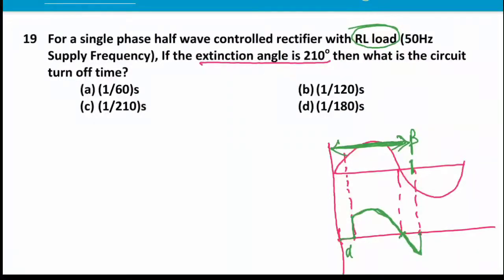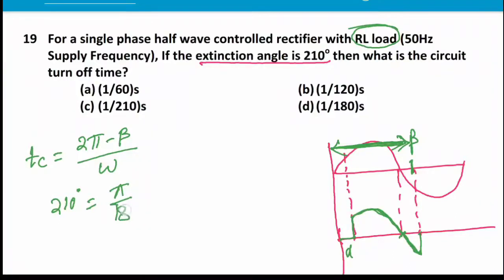The circuit turn off time Tc is given as (2 pi minus beta) by omega. First, 210 degrees is pi by 180 into 210 radians, and this will be 7 by 6 pi.